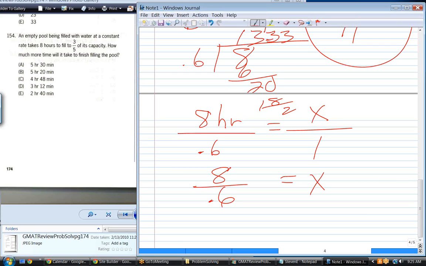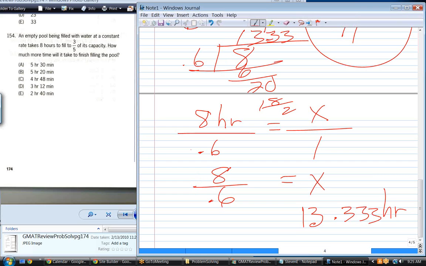So how much additional time does it take? If it takes 13.333 hours to fill the entire pool, I would have had issues with that decimal division going into 8. Well, notice I didn't pay any attention to the decimals up here.